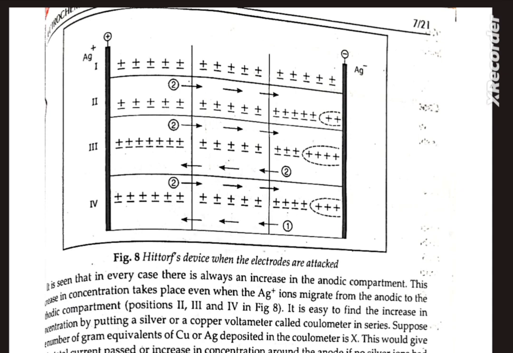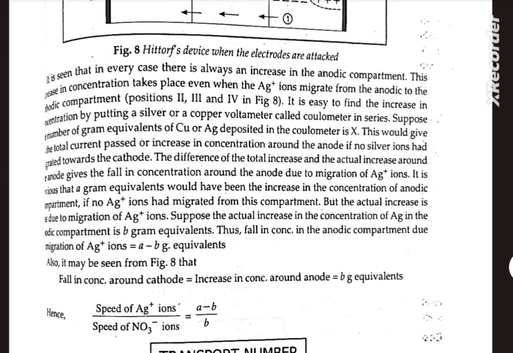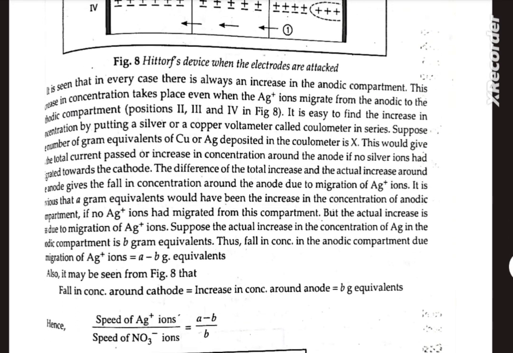In figure 8, it is seen that in every case there is always an increase in the anodic compartment. This increase in concentration takes place even when the Ag positive ions migrate from the anodic to the cathodic compartment. It is easy to find the increase in concentration by putting a silver or a copper voltameter, called a coulometer, in series.